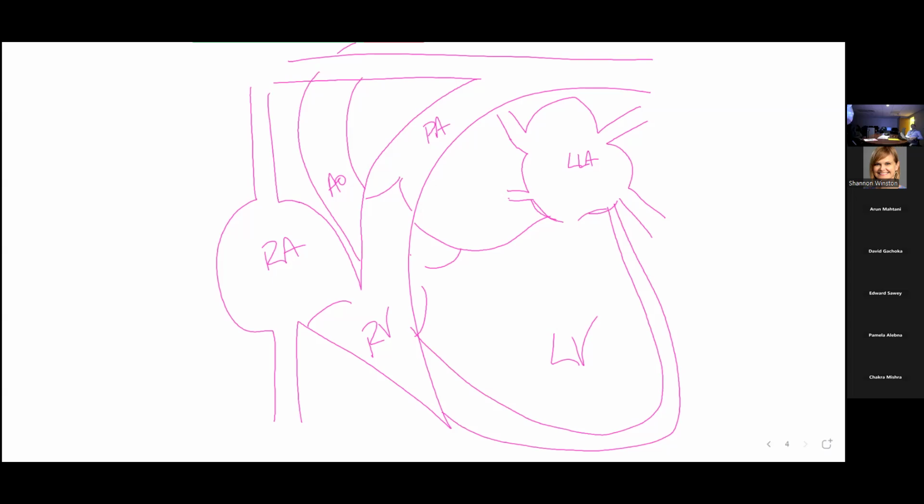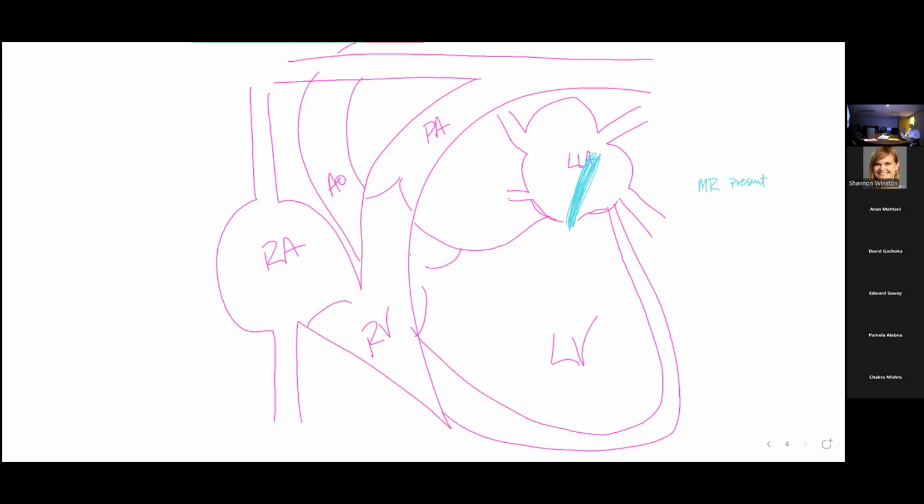So one of the key ones is mitral regurgitation. So we have a jet right here, right? So when we think about mitral regurgitation, what do we want to do? We want to know, is it present?